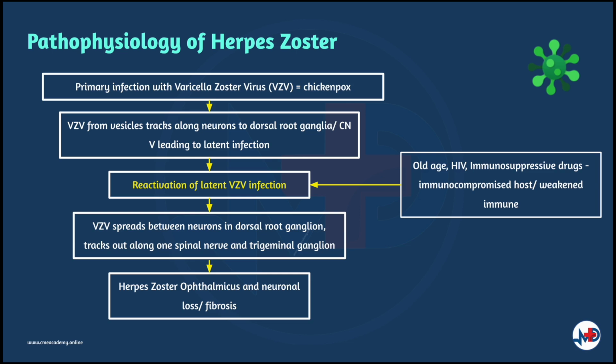Factors that cause a weakened immune system, basically causing the host to be immunocompromised, such as old age, HIV, and taking immunosuppressive drugs, may cause reactivation of this latent varicella zoster virus infection. Varicella zoster virus will then spread between neurons in the dorsal root ganglion, tracking out along all spinal nerves and the trigeminal ganglion. As a result, there will be features of herpes zoster ophthalmicus and neuronal loss or fibrosis.